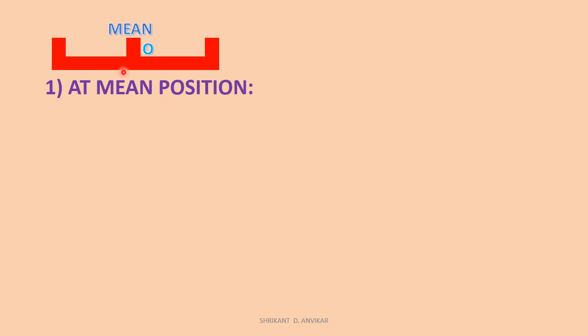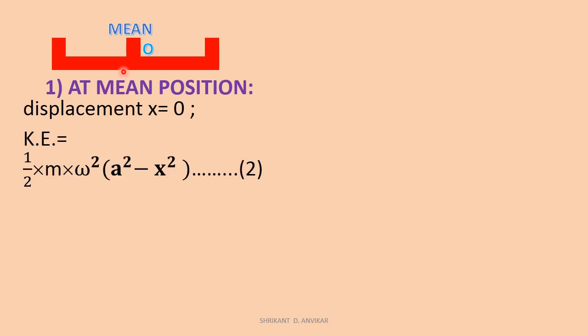Now we calculate the kinetic energy of the particle at mean position. Mean position is also known as equilibrium position, and O is the mean position or equilibrium position in simple harmonic motion. When the particle is at mean position, displacement of the particle is 0, and therefore kinetic energy is 1 by 2 m omega square (A square minus x square).